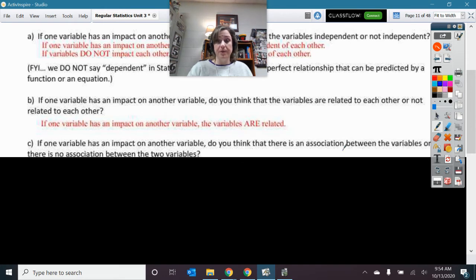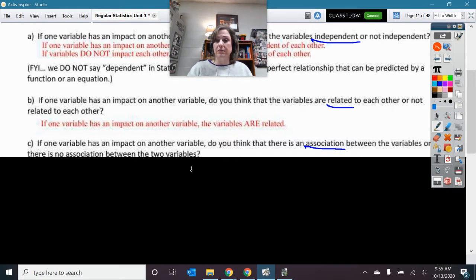All right, let's do this word. We addressed the idea of independent or not, and whether they are related. Now, if one variable has an impact on the other, so being male or female affects the rate at which you eat breakfast, do you think there is an association between the two variables, or no association?